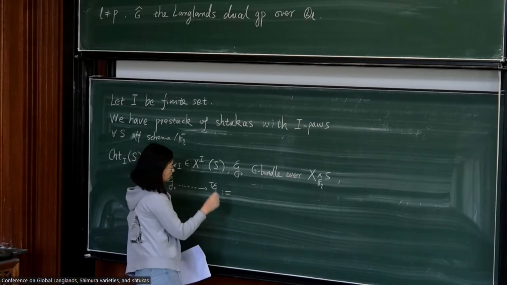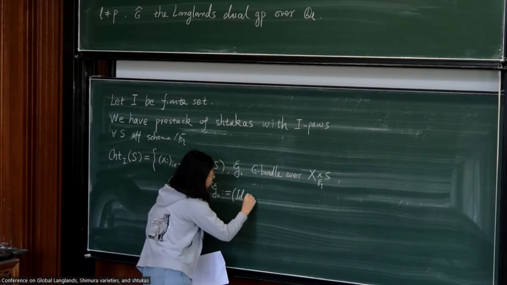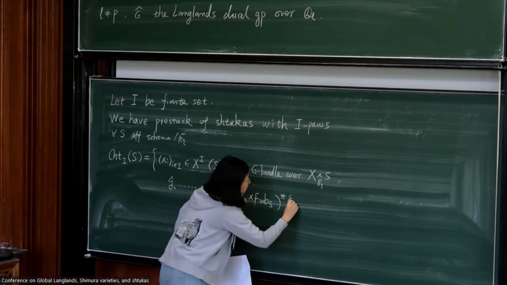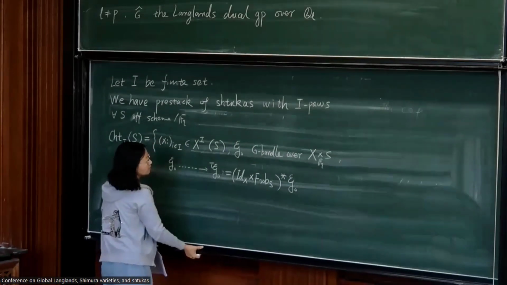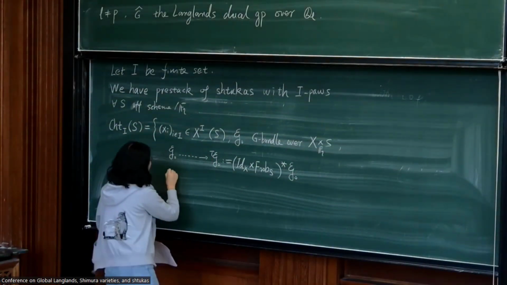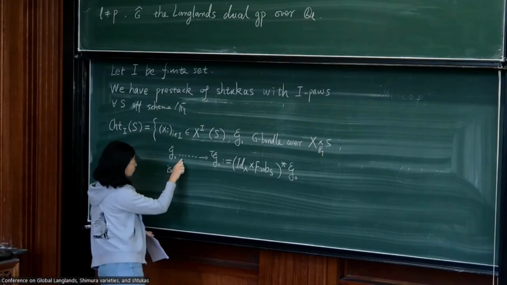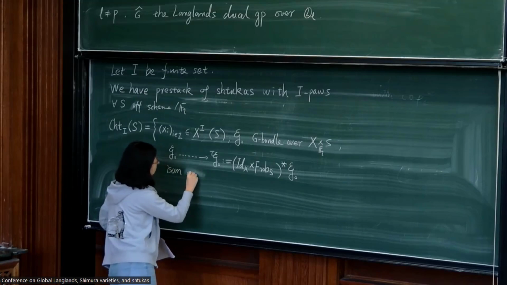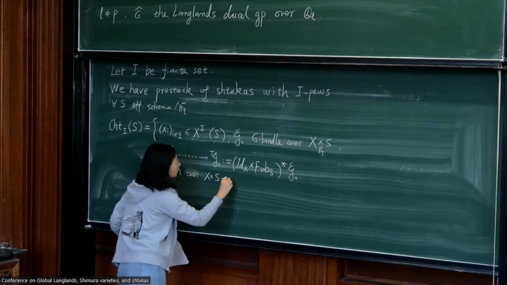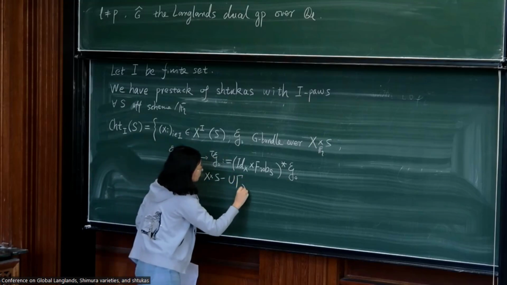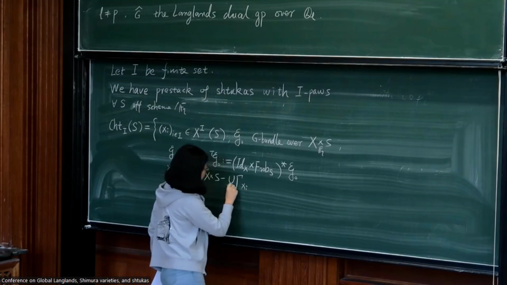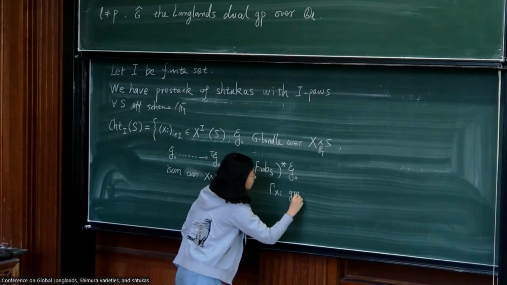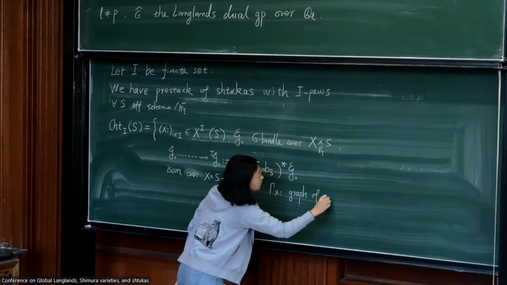This notation means that we take the inverse image by Frobenius on the test scheme S. The dotted arrow means an isomorphism outside these legs, where Gamma_{x_i} are the graphs of x_i.